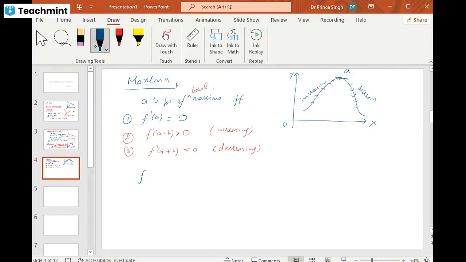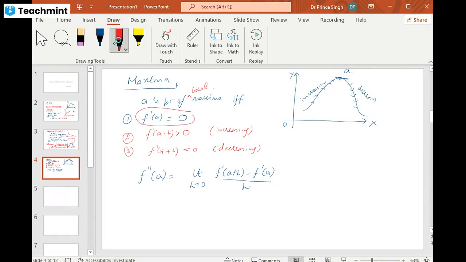So what about f double dash a? Using the definition of the first derivative of a function, this is the limit as h tends to 0 of f dash a plus h minus f dash a upon h. Now, because a is the extreme point, f dash a is 0.